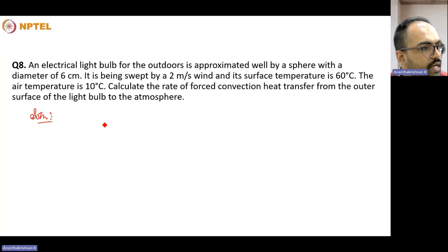It's a constant wall temperature and constant free stream temperature. So we calculate the air properties, the dynamic viscosity at the film temperature, kind of 2 into 10 power minus 5.